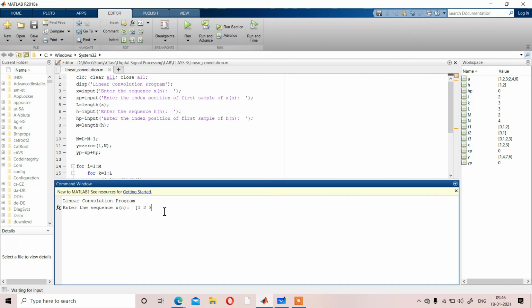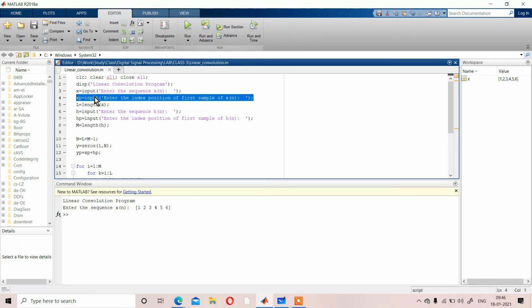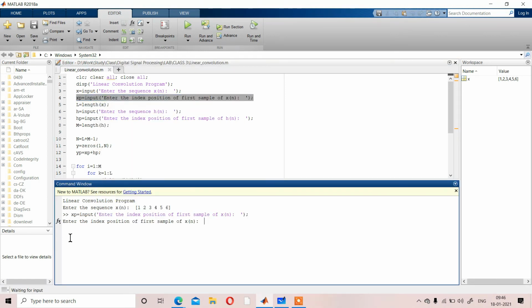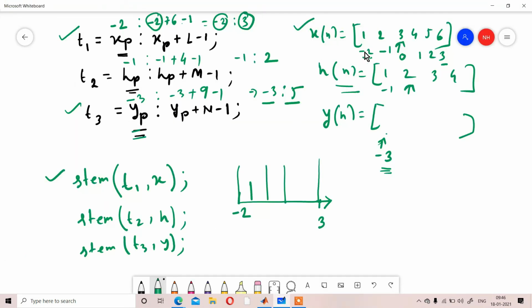You don't need to consider the starting index here, just enter the sequence xn. Next, xp equal to input, enter the index position of the first sample. If we run that code, it will ask to enter the index position of the first sample of xn. I have told you that it is minus 2 for that example.